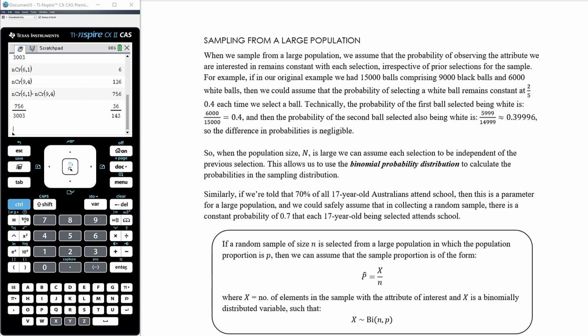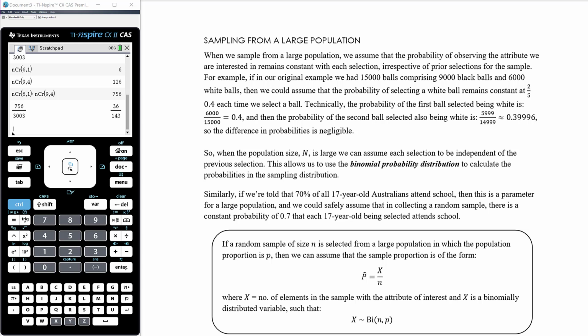So for example, if our original sample had been 15,000 balls, comprising 9,000 black balls and 6,000 white balls, then we could assume that the probability of selecting a white ball remains constant at 2/5 or 0.4. Technically, the probability of the first ball being selected as white was 6,000 divided by 15,000, which is exactly 0.4.